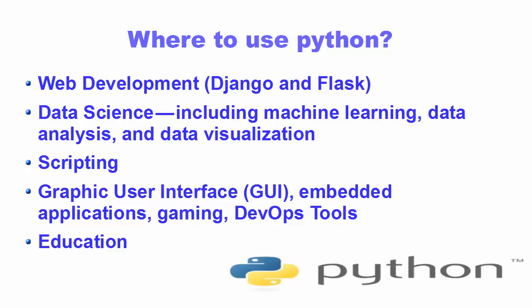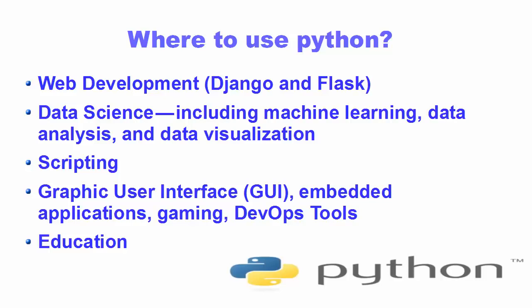So where can you use Python? Because Python is a general purpose programming language, it is used in many web development frameworks. For example, Django and Flask recently became very popular for web development. Python is also widely used in scientific computing, data mining, and machine learning. Continued growth and demand for machine learning developers may be driving the popularity of Python.